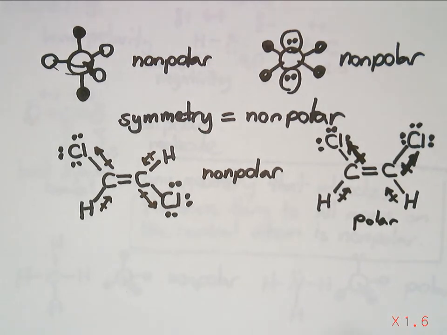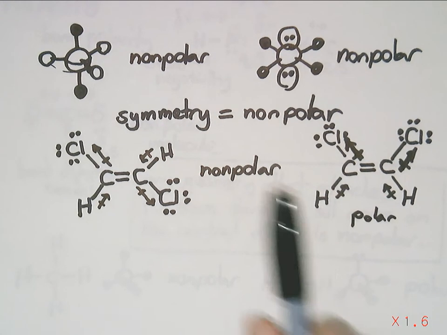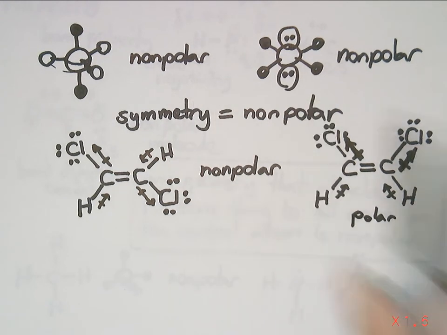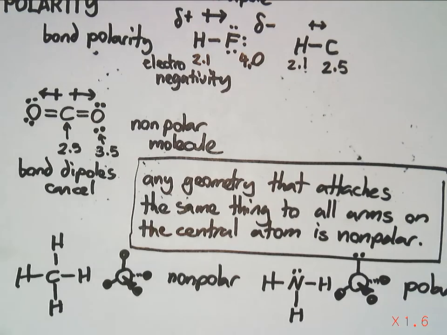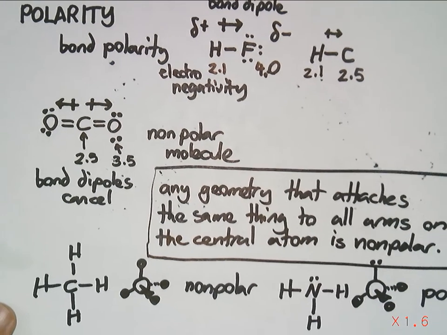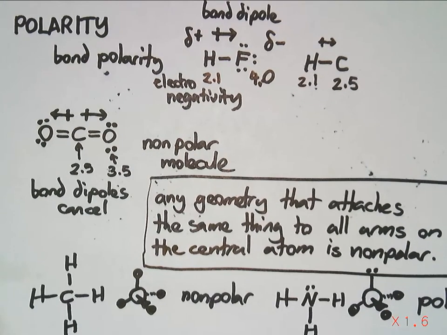Now, if you understand these examples and these exceptions, and if you have this rule for all the other cases, you should be able now to predict whether or not a molecule is polar by looking at its molecular geometry and drawing little arrows for the bond dipoles.